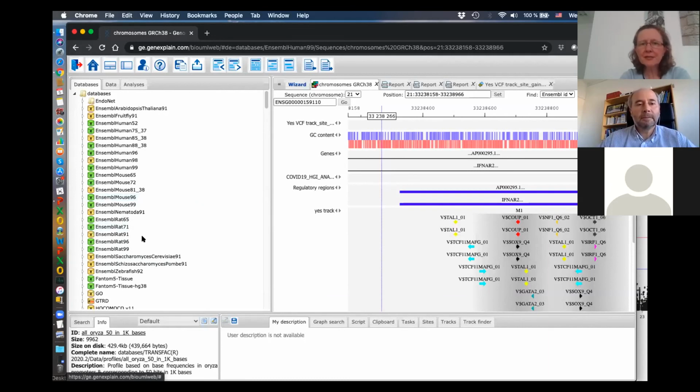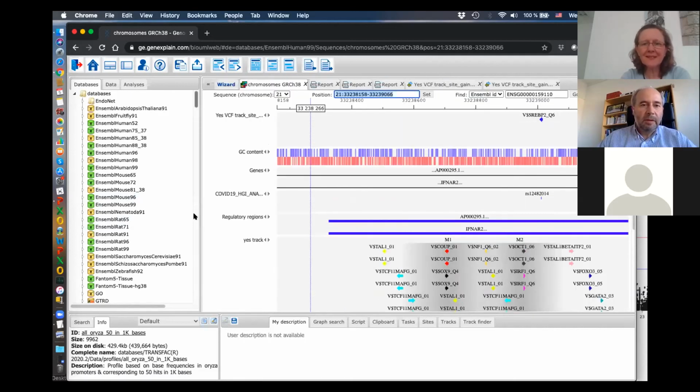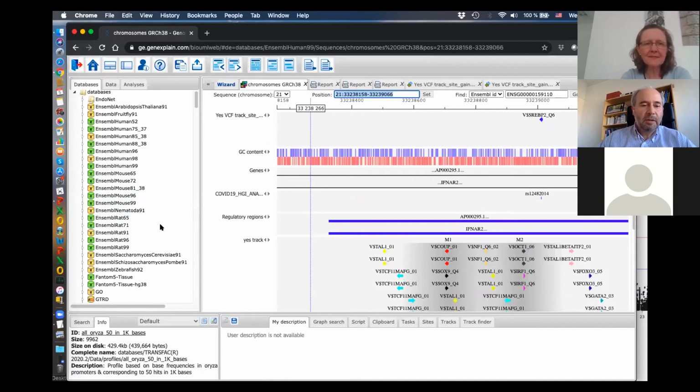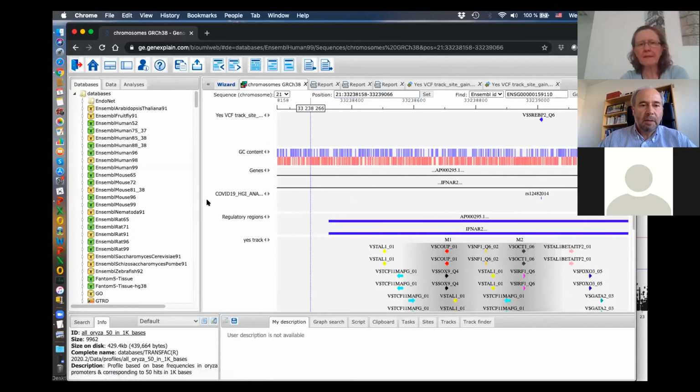The next question is about TRANSFAC versus JASPAR. A very good question, and it's frequently asked. The difference is quite big. TRANSFAC collects most of the available information about transcription factor profiles from literature and from other databases.